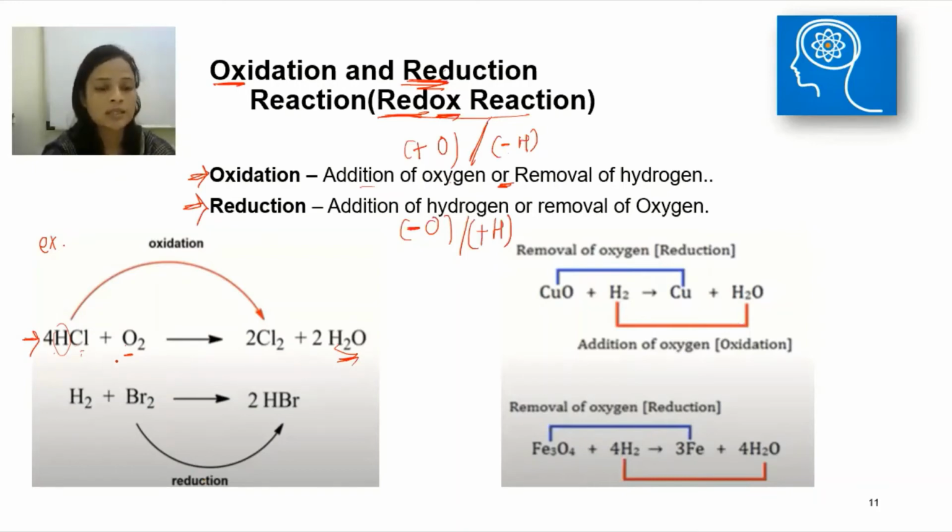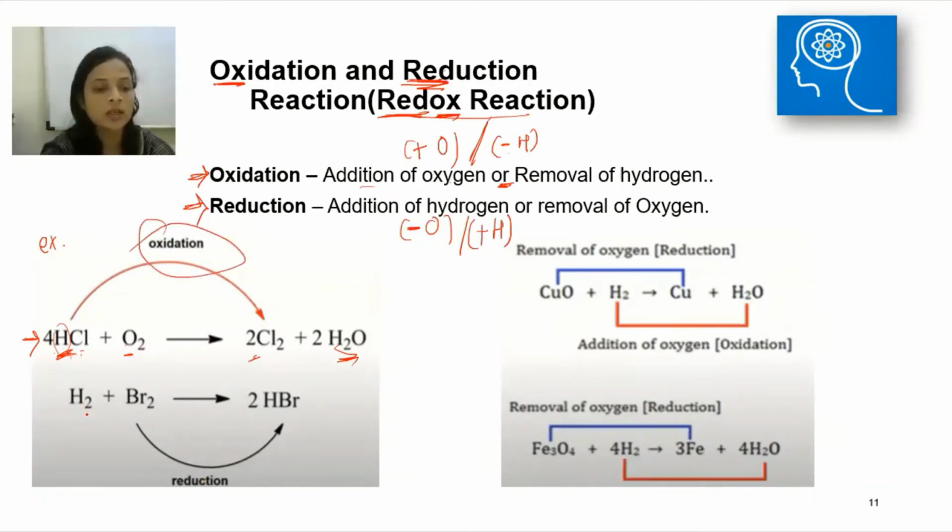What happened in this case? Here is the removal of hydrogen. Here is one hydrogen, here is no hydrogen, means removal of hydrogen. So this is nothing but the oxidation reaction.